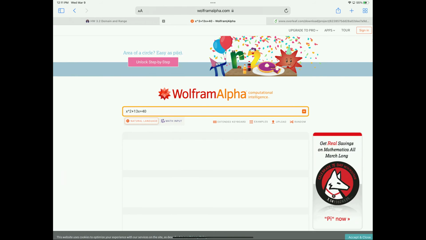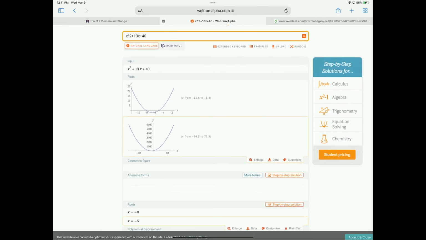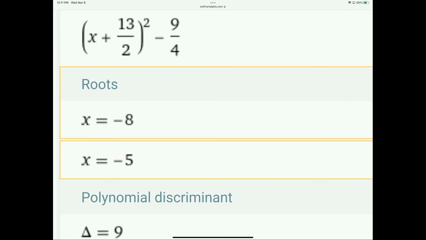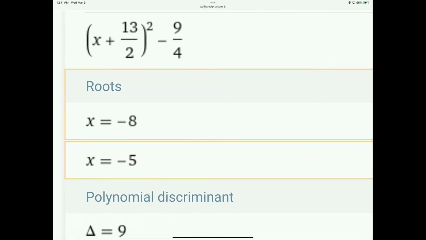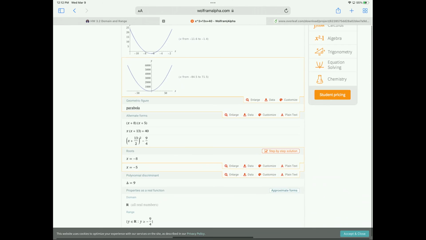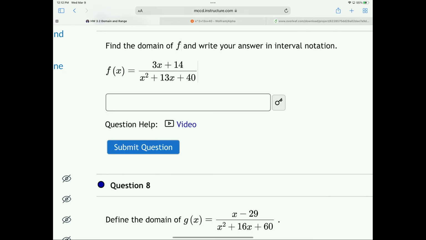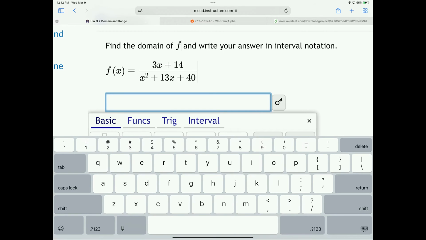You can solve that. We've got two numbers, -8 and -5. Those are the roots, which are the answers there. So -8, -5. You come back here and say everything except that.